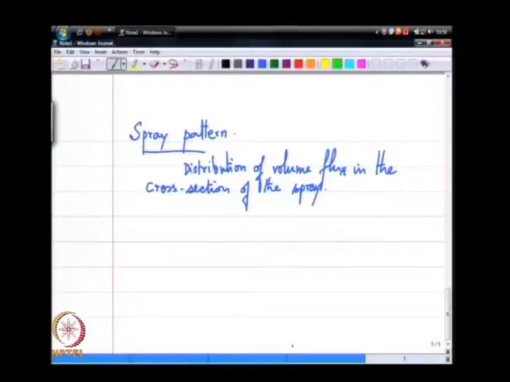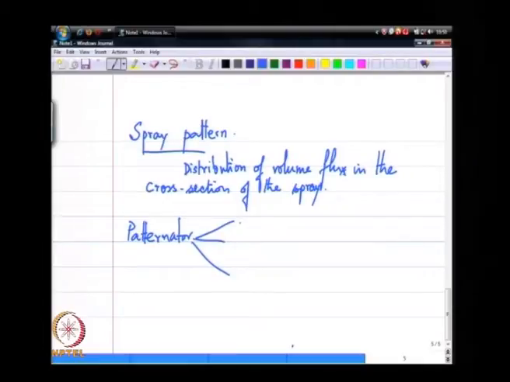Okay. So, we will go to spray pattern. One of the tools that is often used is what is called a patternator. We have already seen what this patternator is. There are 3 kinds of patternators. One is called an inline patternator, the other is a circular patternator, and the third is called a sector patternator.